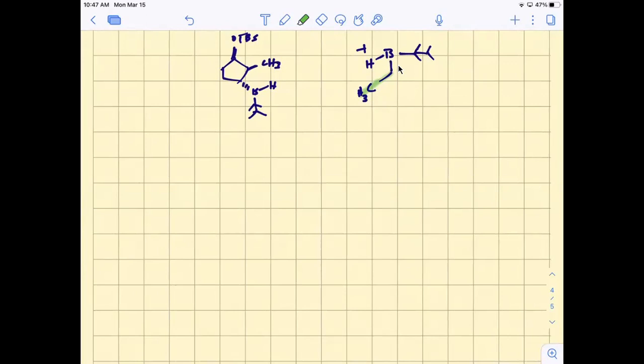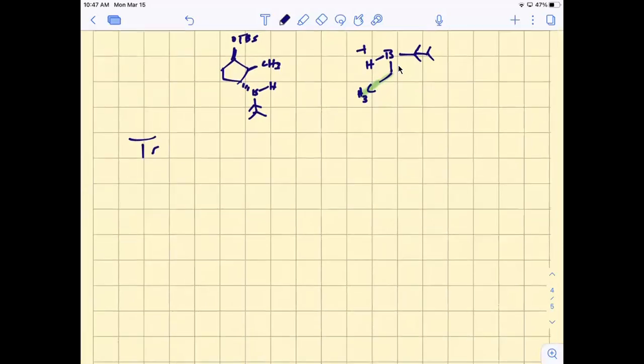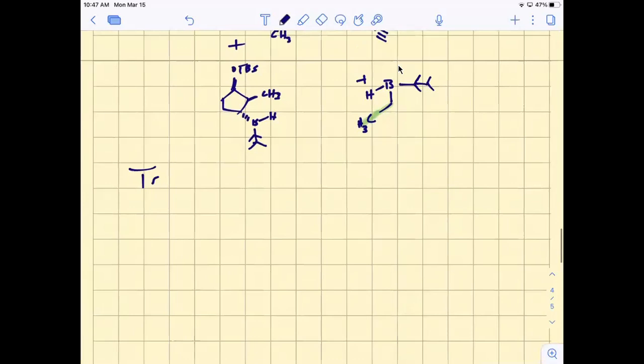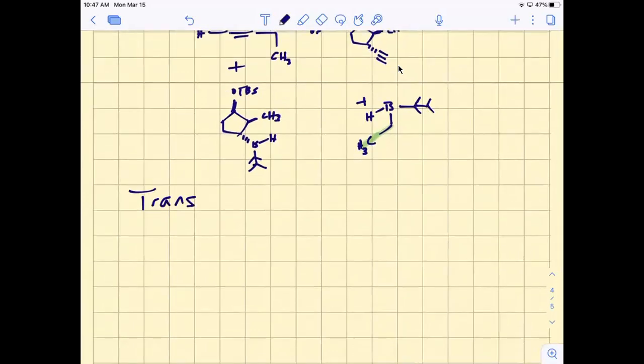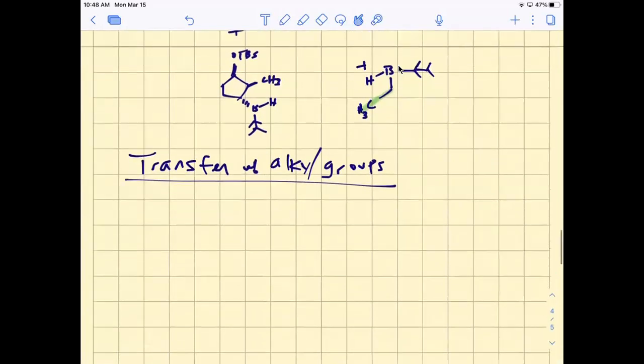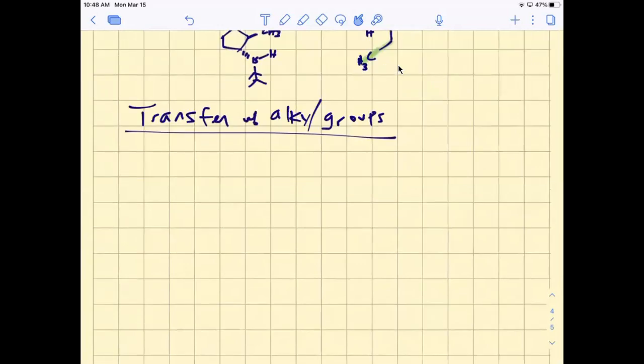So I could take the thexylborane and add some alkyl group onto it that I want to transfer to my alkyne. And instead of getting a vinyl iodide or vinyl halide, I'm able to actually get out an alkene with a new substituent, right?